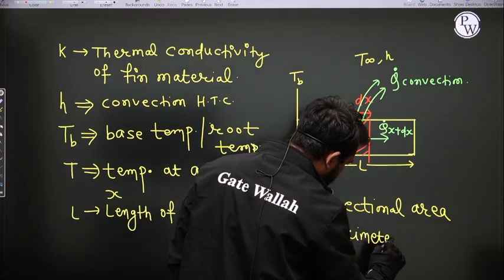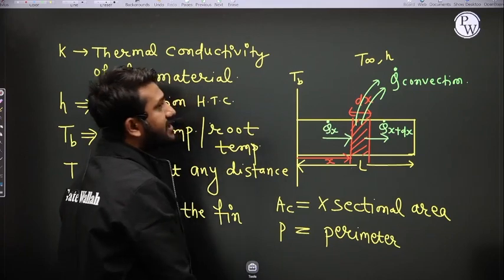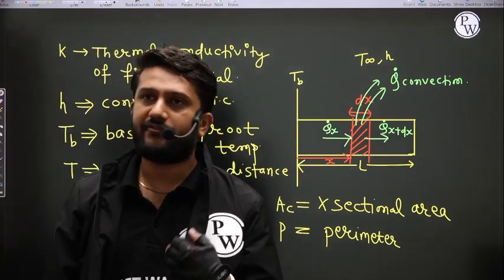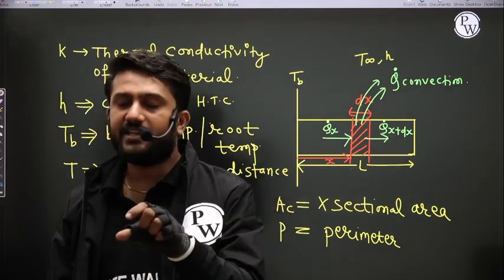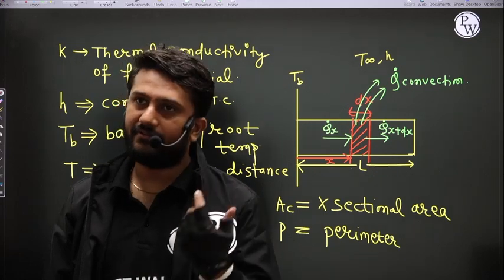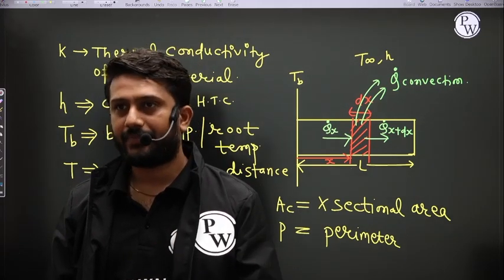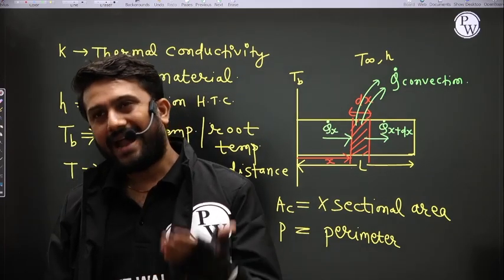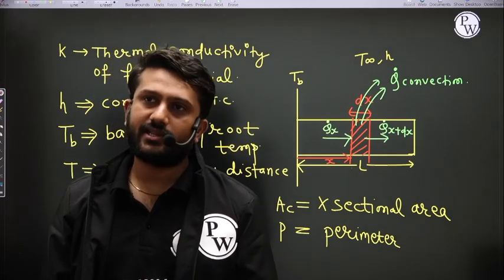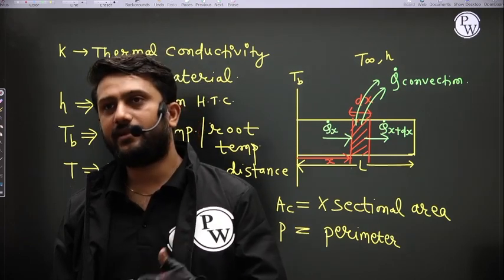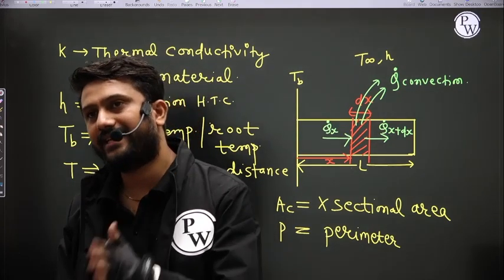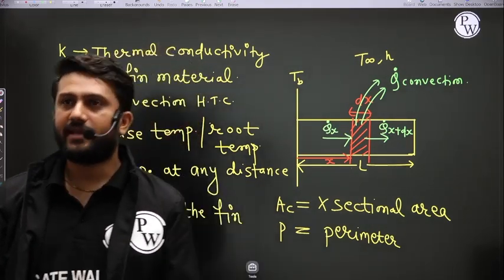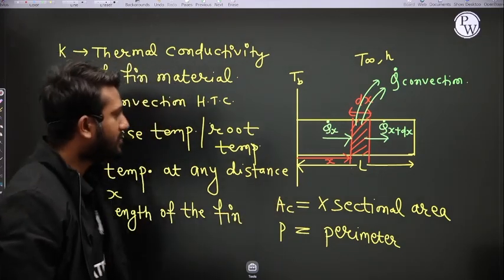If a circular fin is there, then the perimeter is pi d and the cross sectional area is pi by 4 d square. If a rectangular fin is there, then the cross sectional area is b into t, and the perimeter is 2 into (b plus t). So P is the perimeter and Ac is the cross sectional area.